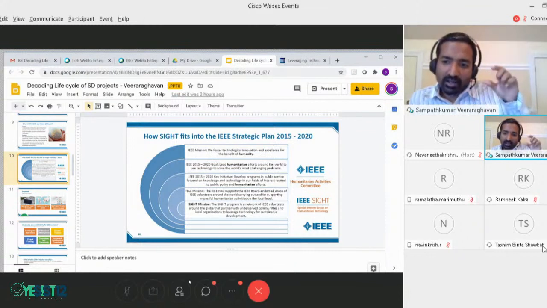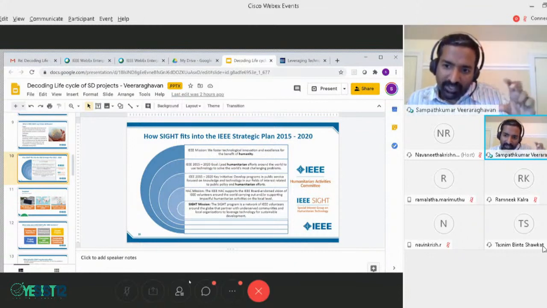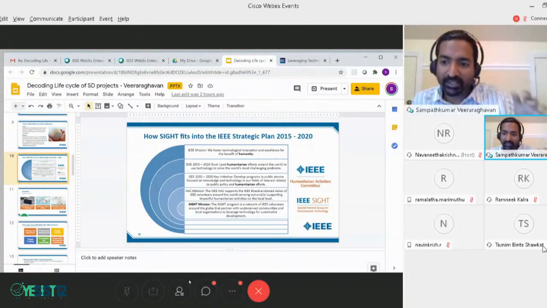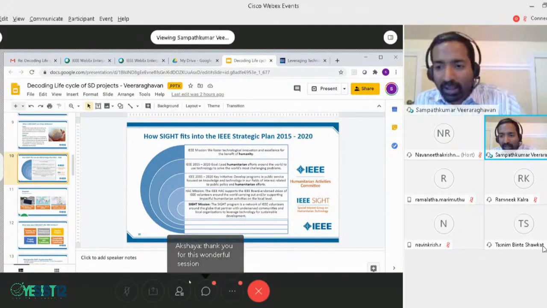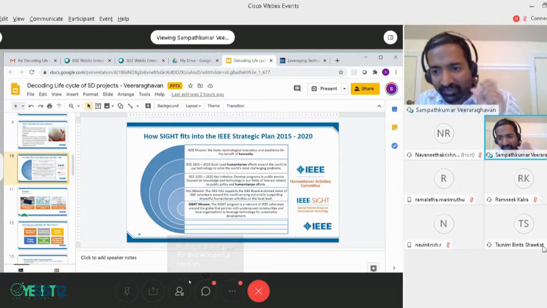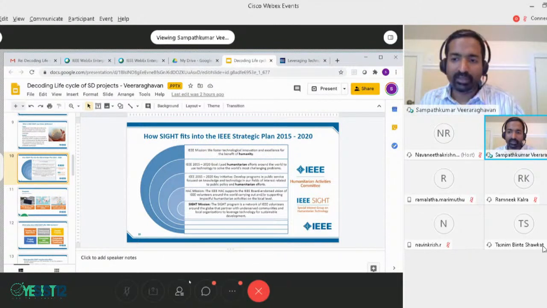Now the IEEE mission is implemented by a set of goals. One of the goals which the board defined is to create opportunities to involve IEEE members to engage in humanitarian activity. This goal is taken as a mandate by a committee called the Humanitarian Activities Committee, HAC. And SITE is part of the Humanitarian Activities Committee.